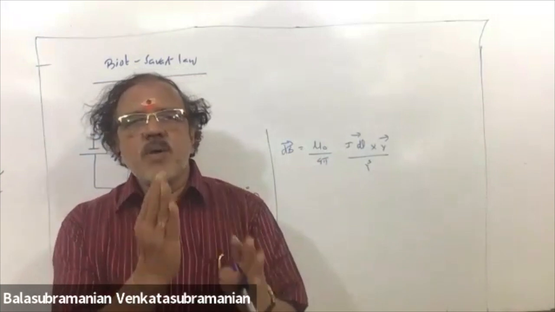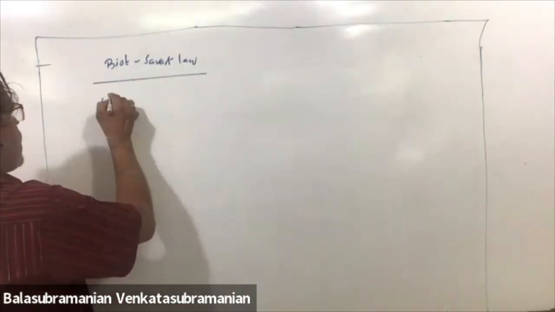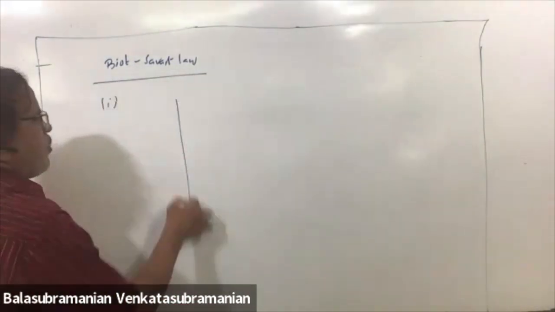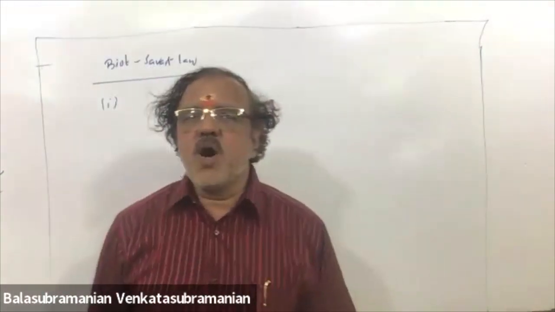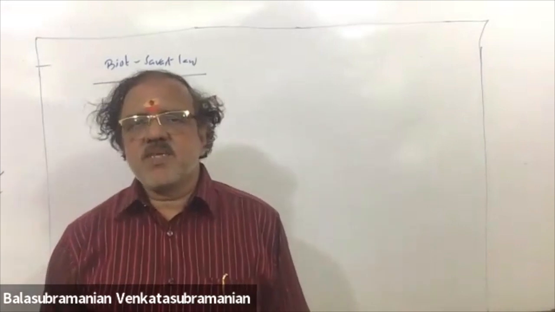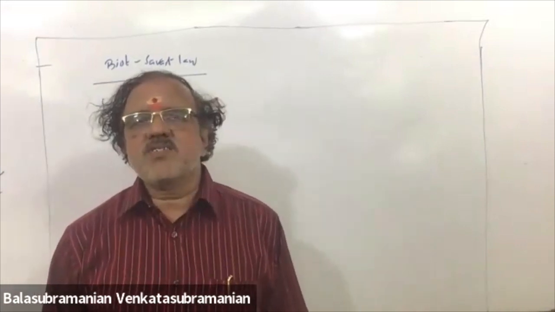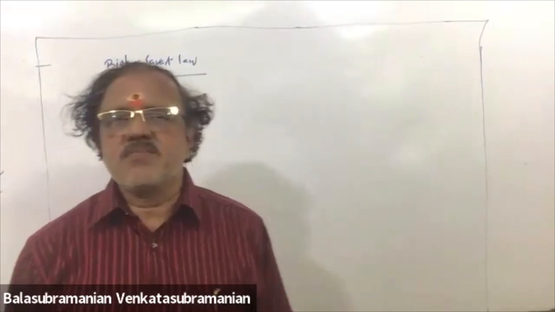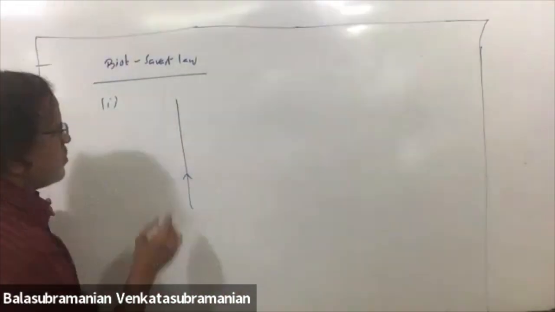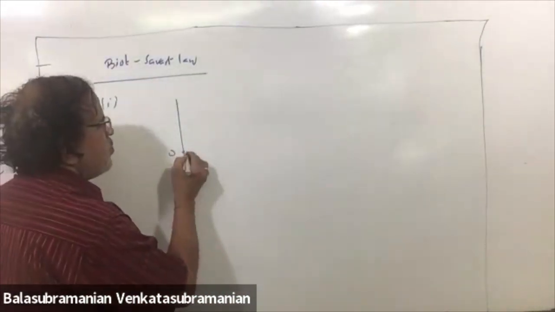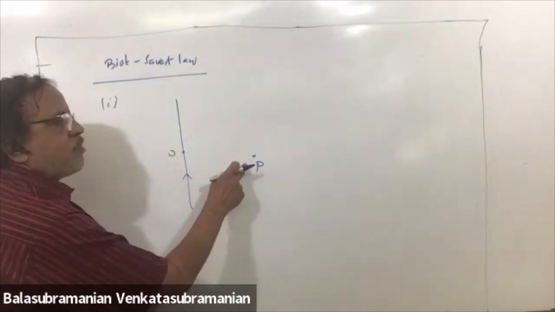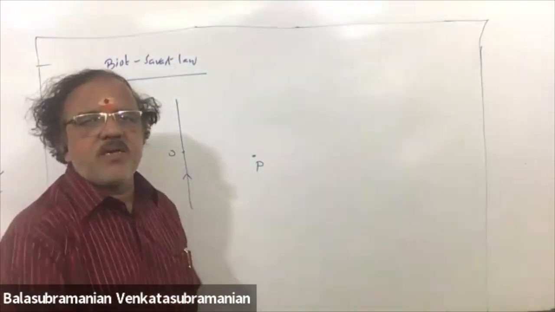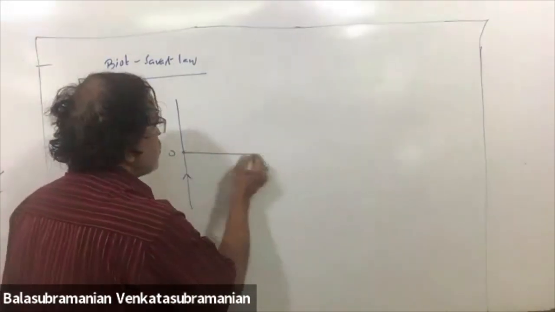Here we have two applications. First application, magnetic field at a point due to infinitely long charged wire or infinitely long straight conductor carrying current. Center O, you are considering a point P. Our aim is to calculate magnetic field at the point P, which is at some distance.